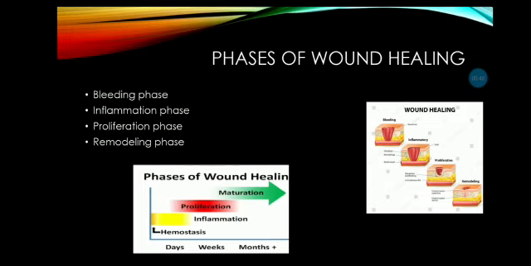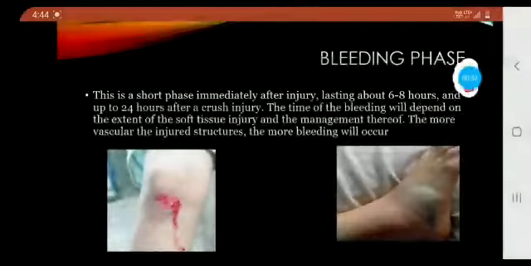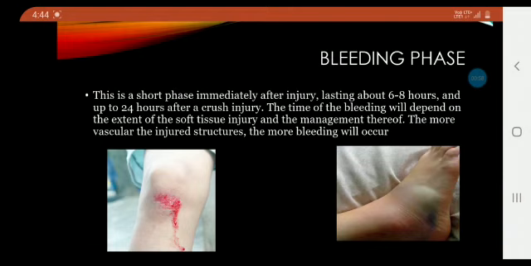The hemostasis phase, the bleeding phase, is like after a crushing injury the blood comes out of your body in an open wound injury, or if any forceful object hits our body, the cells around that particular area get damaged.